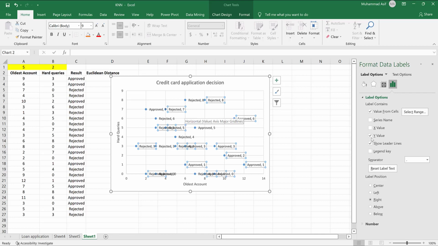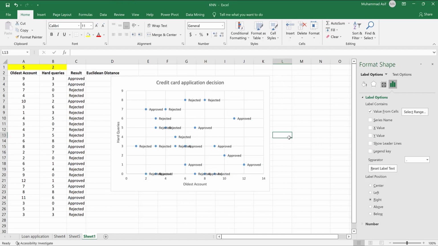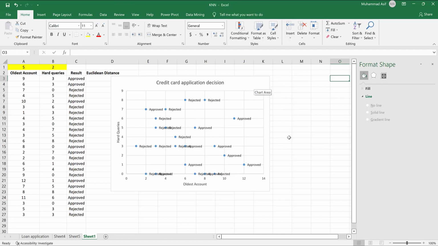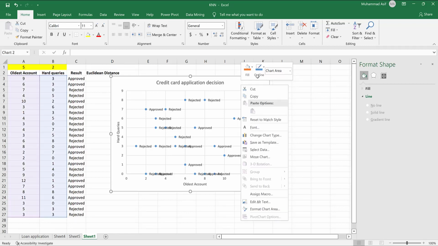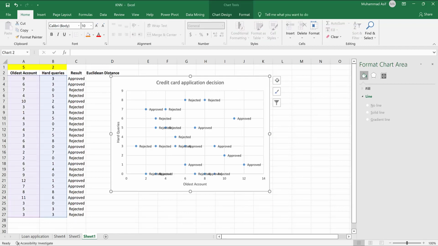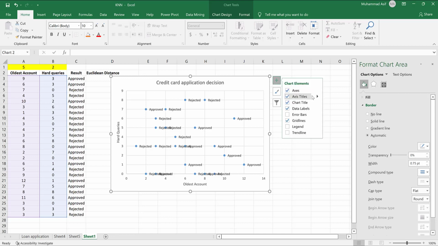So I will click on this one, Y value, and show leader lines. Now it's only showing us decision. For the axis title, we already have this one. We had already clicked on axis titles, and it's showing us oldest account and hard queries.